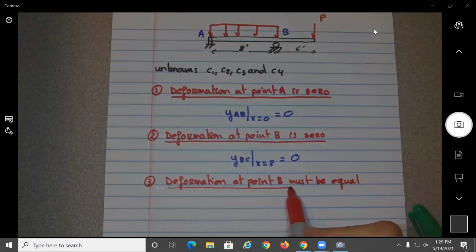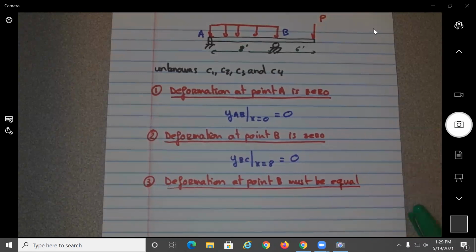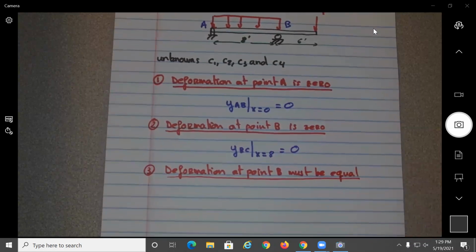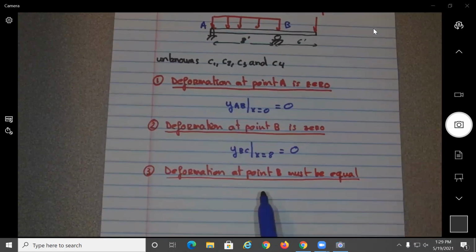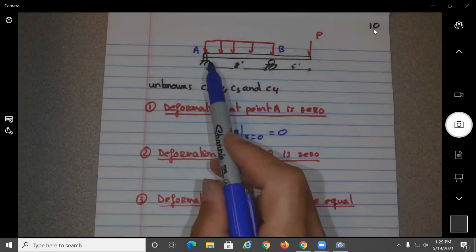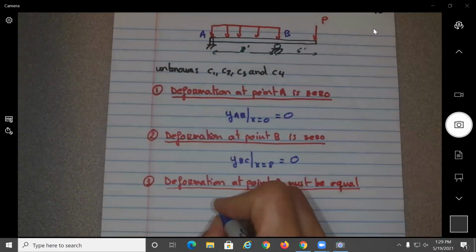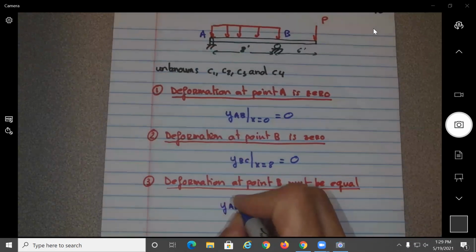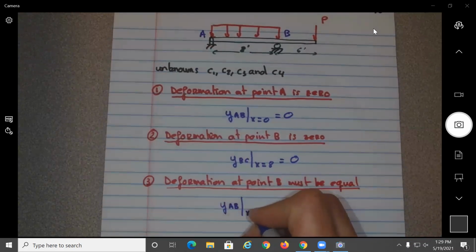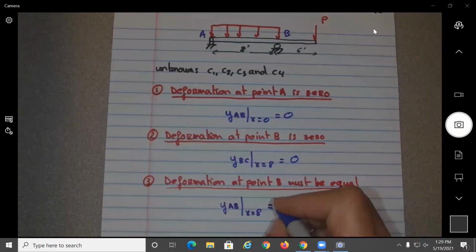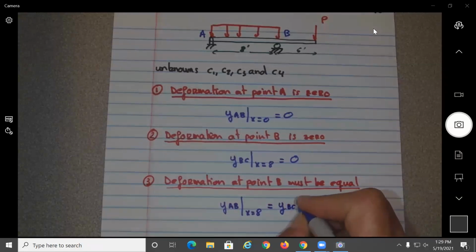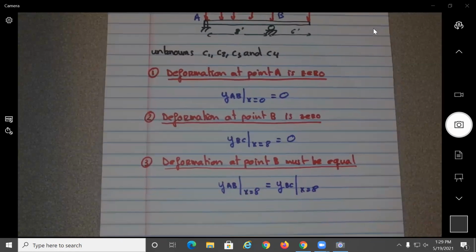I don't want to write like a paragraph, but the deformation at point B from YAB and YBC must be equal. So basically what it means is that YAB at X equal 8 needs to be equal to YBC at X equal 8.